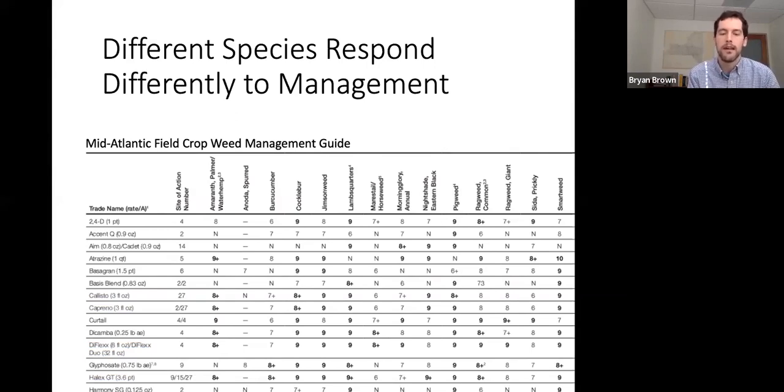I'd really recommend that guide, as well as the Cornell Pest Management Guidelines, which a lot of you probably have already. And Jen, if you could post in the chat the links for those two resources, that would be great.